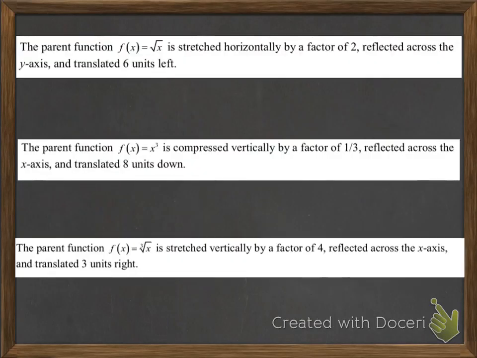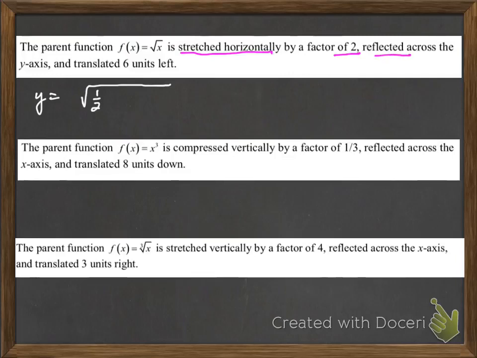And then finally, we're going to generate some equations off of some written explanations. All right, so starting out with the first one, we have a square root graph. So we're going to start out with y equals, and we know there's a square root. Now plug in the numbers as you come to them. We have a horizontal stretch by a factor of 2. That goes in as our b value of 1/2.